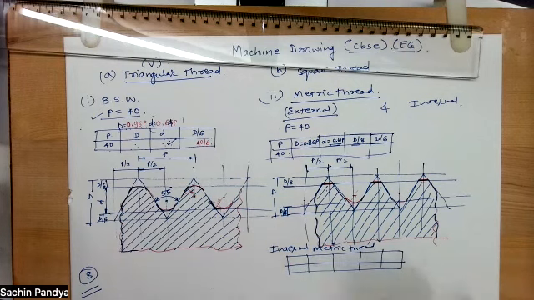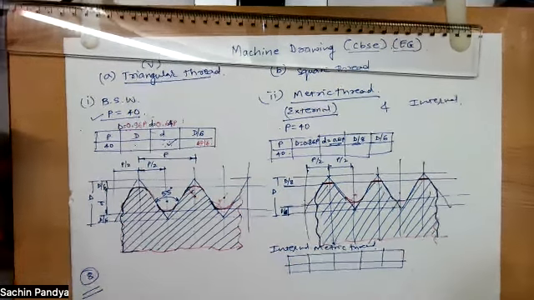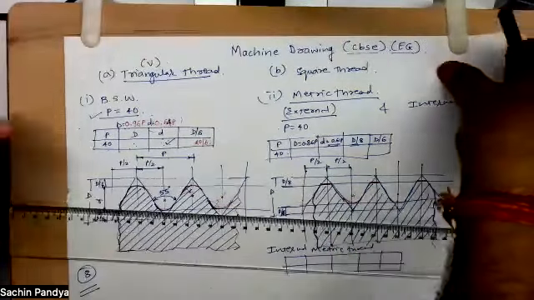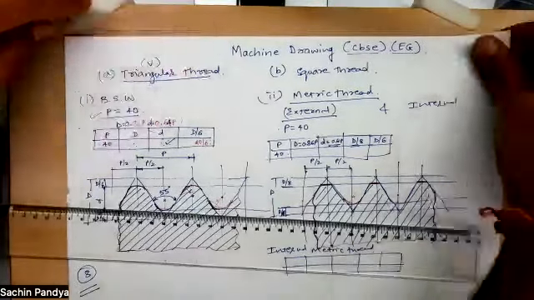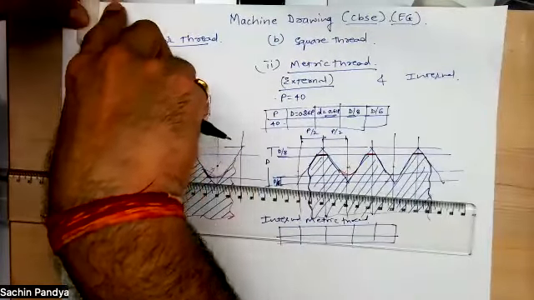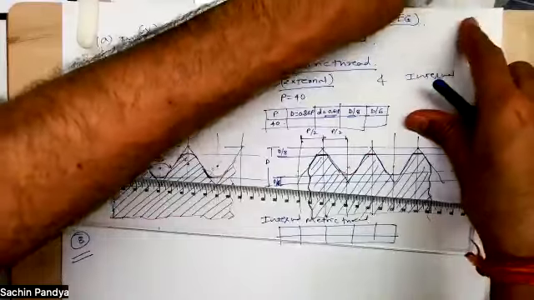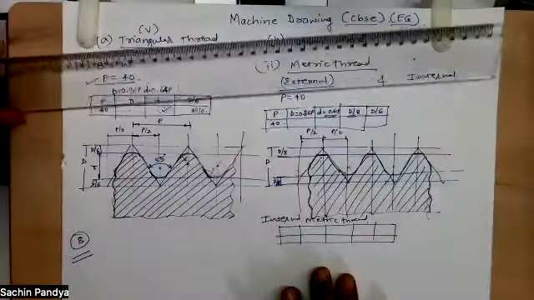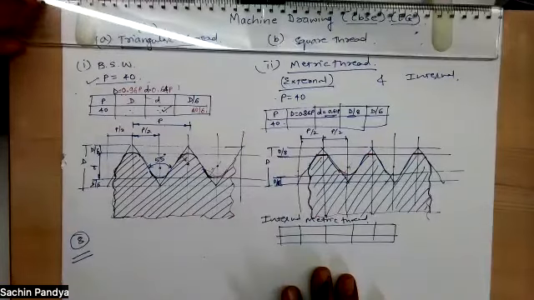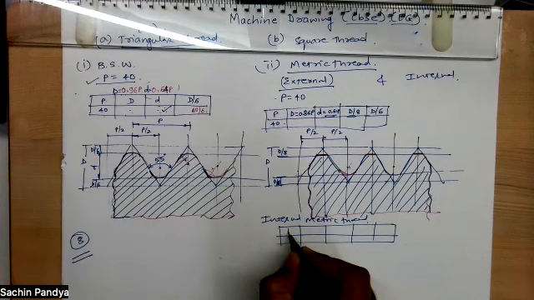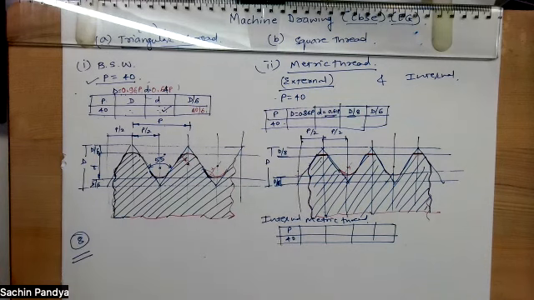In that, one second, I will shift my screen. So in the internal metric thread, what we will do? Again, we'll take pitch equals 40. This they will give you, so you don't have to worry.